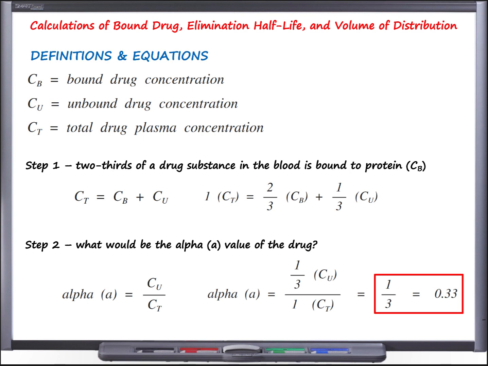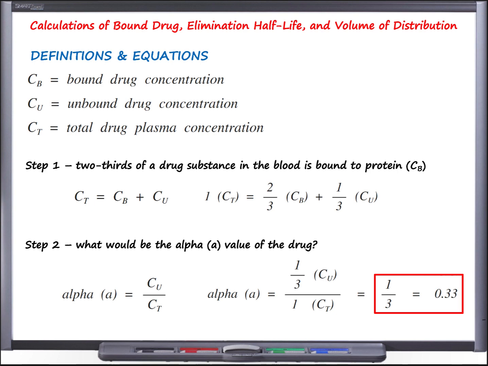Now, what does that mean? How would we interpret it? Well, a value of 0.33 means 33%, meaning 1/3 of the drug concentration is unbound and available to actually produce its effect. While this wasn't a highly complicated math question, it shows you the process we go through to analyze a drug to understand how much of it will be available, how much is unbound and therefore available.